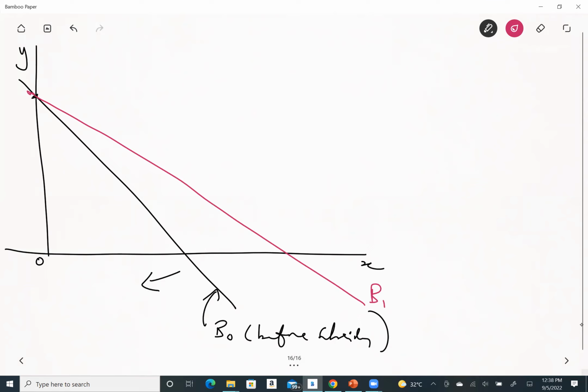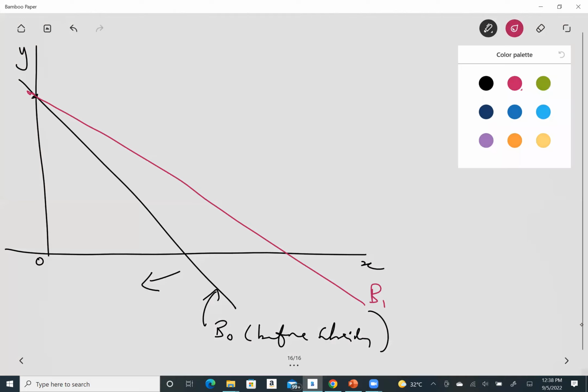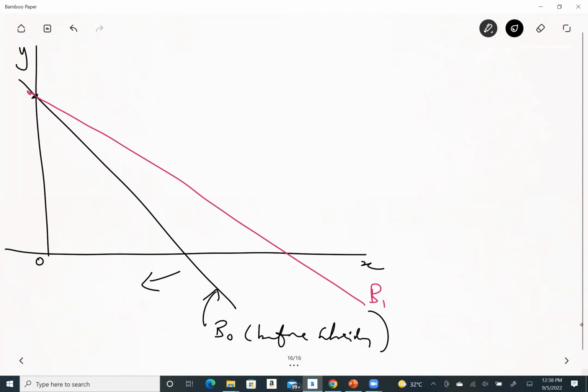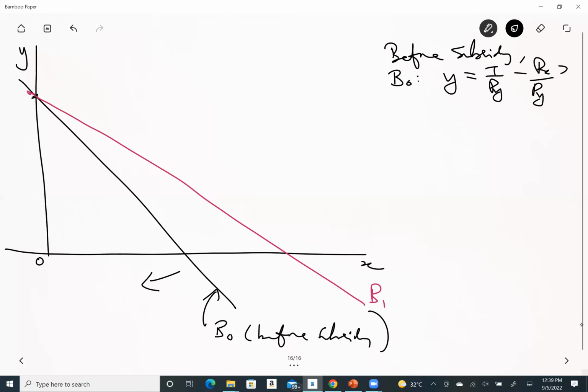Okay, so I write down here again. I write down many times so that we can understand better. So I write down here before the subsidy, I have B0: Y equals I over PY minus PX over PY X. Okay, that was before the subsidy.